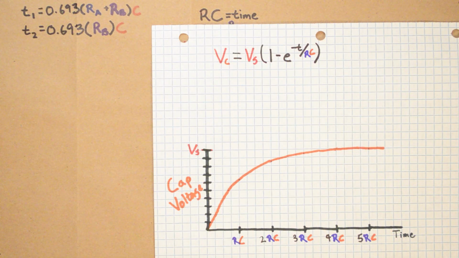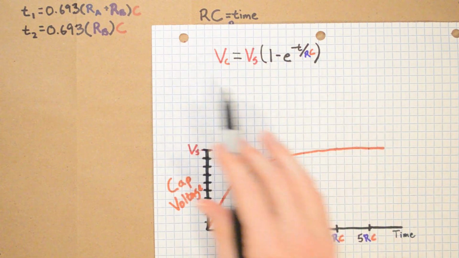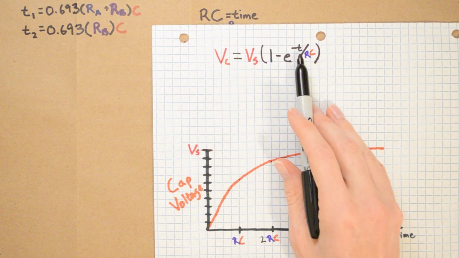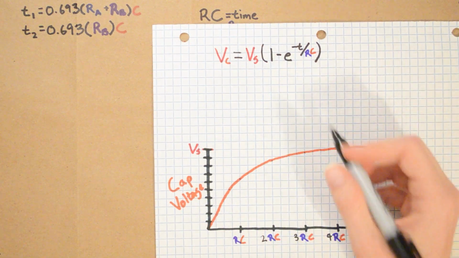Well, what is 0.693? If we did 0.693 RC, what value are we going to come up with if we say I want my time to be 0.693 RC? Let's work that out really quick.